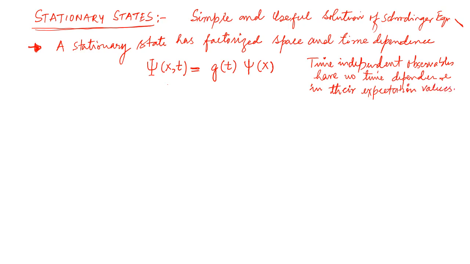What does it mean? If I make a large number of copies of such a state and try to measure experimentally some observable at the same time, then the expectation value of that observable is time independent.